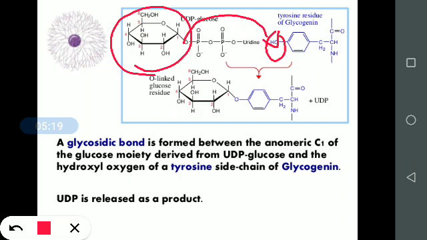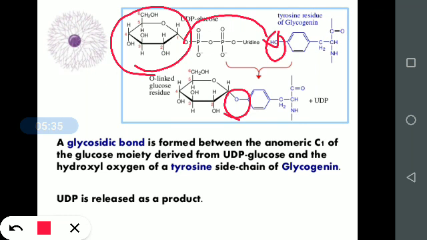So an O-linked glucose residue is formed. Whatever bond is forming is oxygen linked, O-linked.